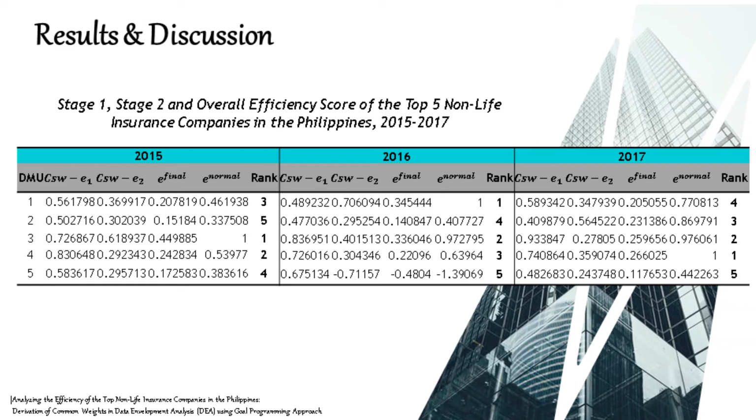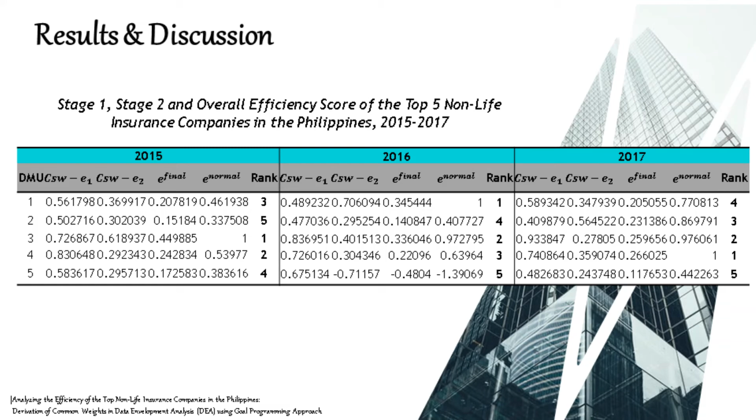DMU3, on the contrary, has a decreasing efficiency score, while there is no obvious and general trend over the years for DMUs 2, 4, and 5. The outlying negative value of DMU5 for the year 2016 is due to the impact of the large magnitude of loss the insurance company has attained for the year.